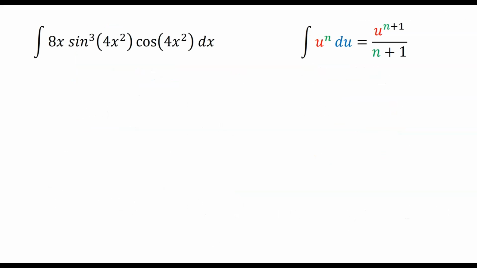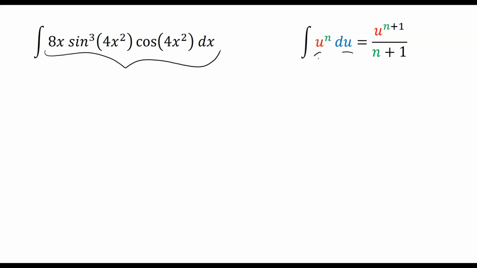Here's a second example where we are asked to find the integral of 8x times sine cubed 4x squared times cos 4x squared times dx. Now remember, we want to divide this whole integrand up into a few specific parts.